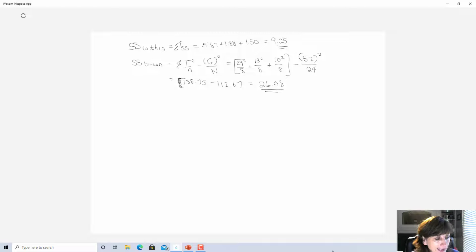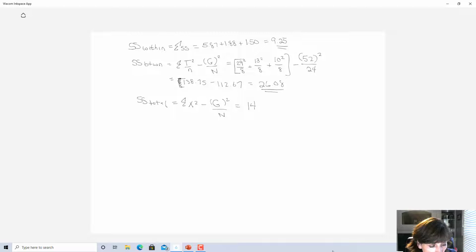Now, one last thing, if we want to check our work, I'm a big fan of that, we also want to calculate our sum of squares total. The formula for that is sigma X squared minus G in parentheses squared divided by big N. We've already calculated this G squared divided by big N with the sum of squares between. Our sigma X squared we also have. I gave that to you earlier.